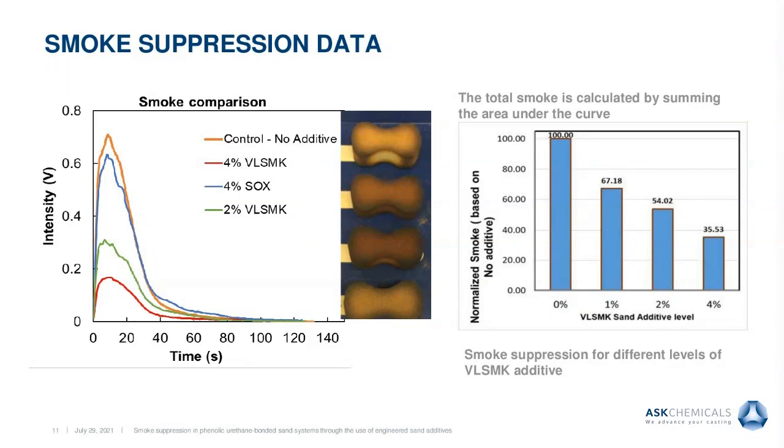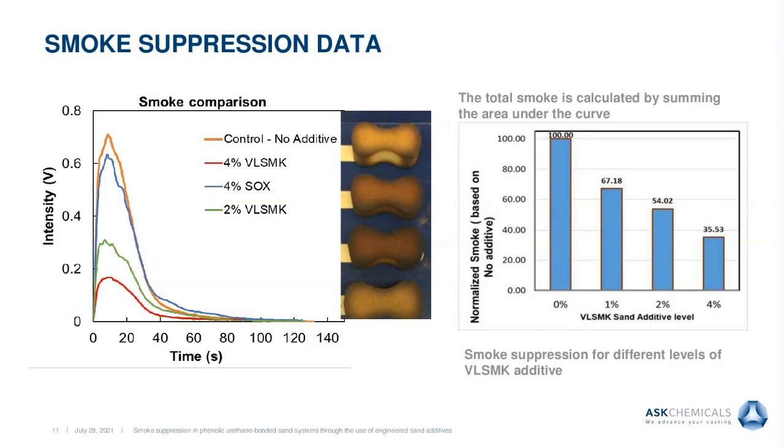So as you can see clearly here, as I explained earlier, if you have a plot of intensity as a function of time, the area under the curve will be your total smoke. If you see here, the green and red curves definitely show some reduction. To quantify this a little bit more easily, you can sum these individual points to get the area under the curve, the total amount, and divide by the intensity as a function of time summed in the presence of no additives.